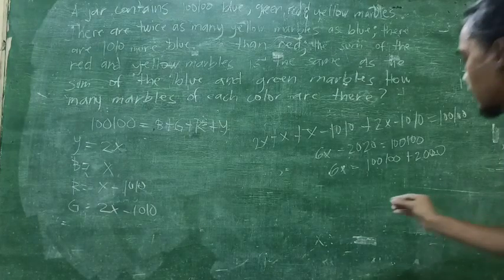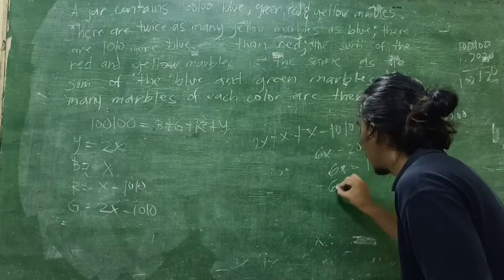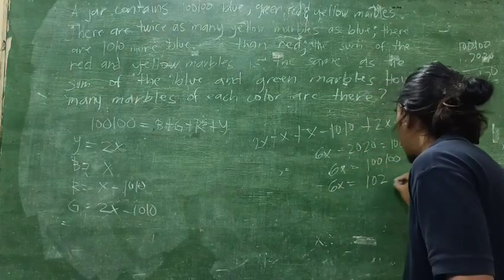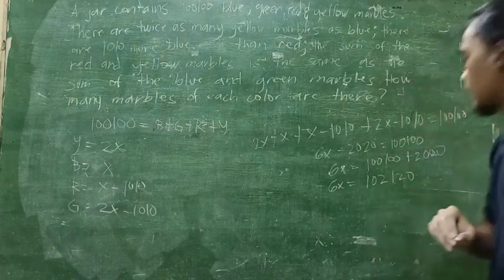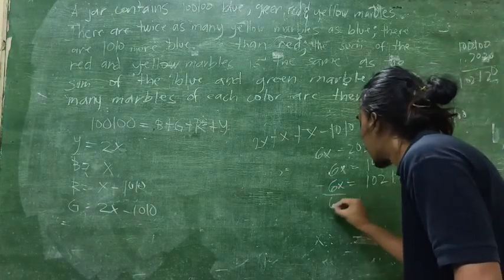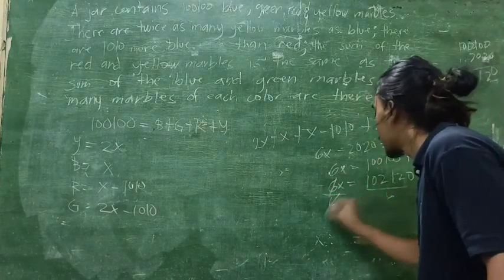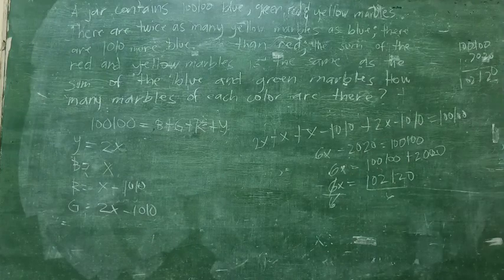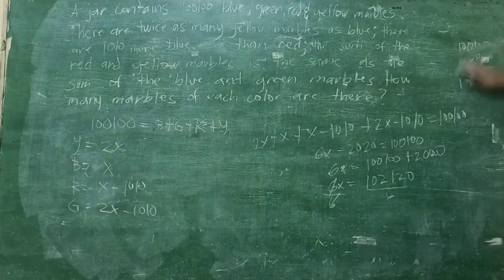So 6x is equal to 102,120, then divide by 6. You have to do it manually, guys.